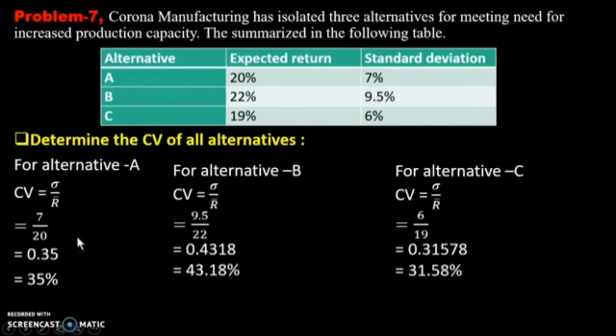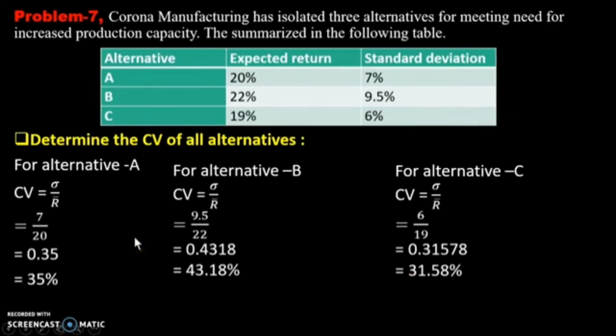From the three alternatives, an investor chooses alternative C because it has the lowest CV of the other alternatives. Lowest CV means lower risk and higher CV means higher risk.